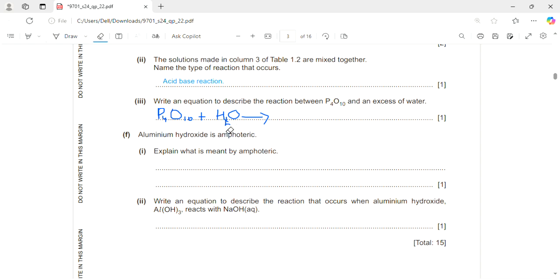Phosphorus oxide reacts with water to give phosphoric acid, H3PO4. I think this would likely be a product.